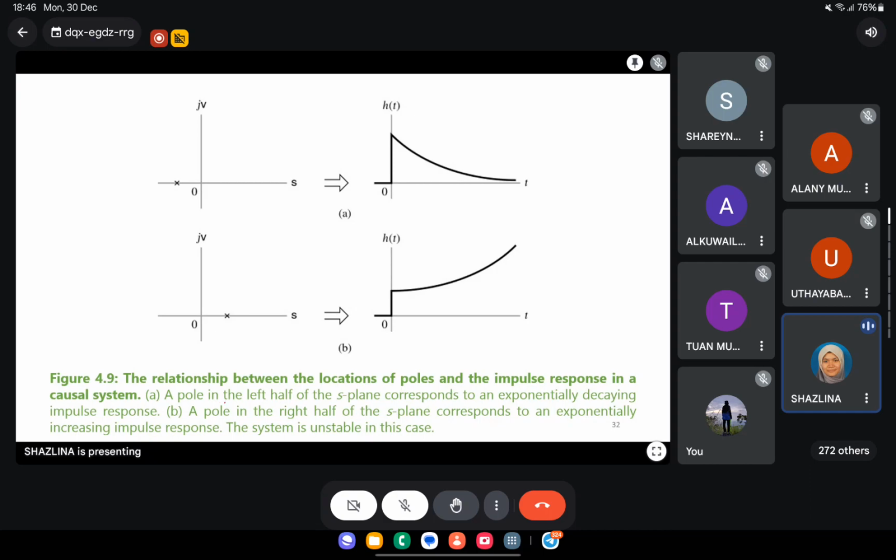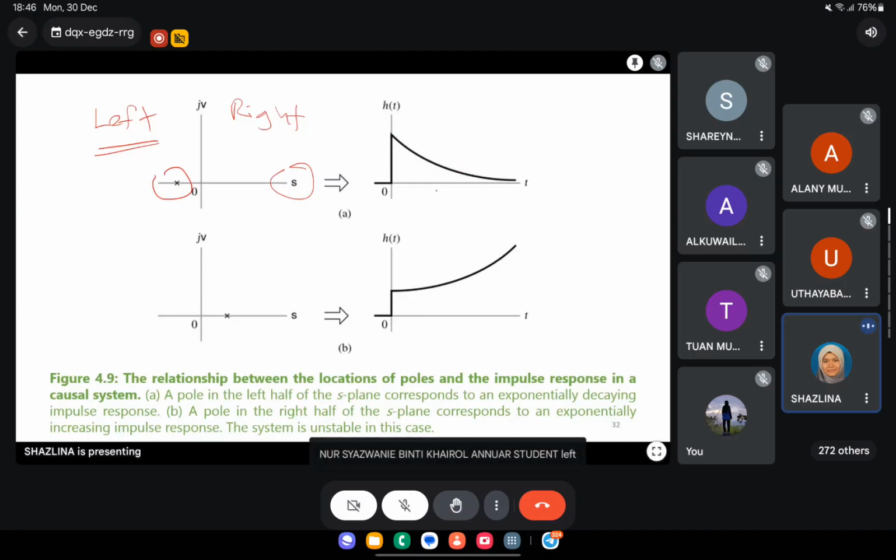So here, a pole in the left half of the s plane corresponds to an exponentially decaying impulse response. Okay, so this is the pole. This is left, right. So the pole here is on the left side of the s plane. So if you inverse it, you get a decaying exponential response.